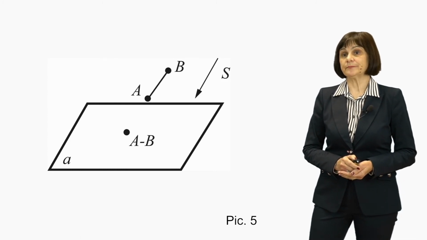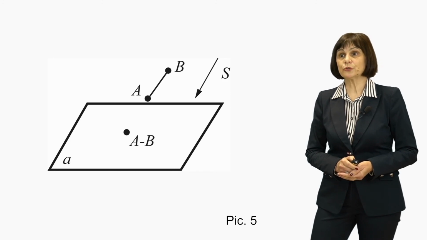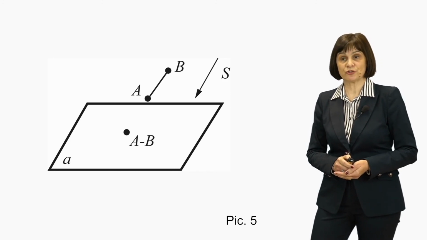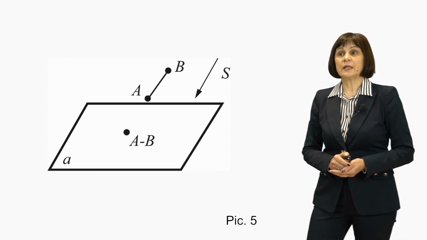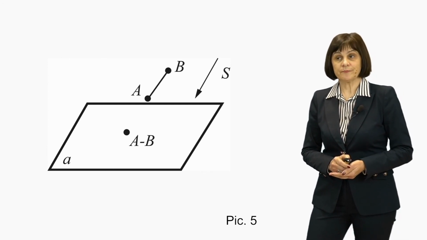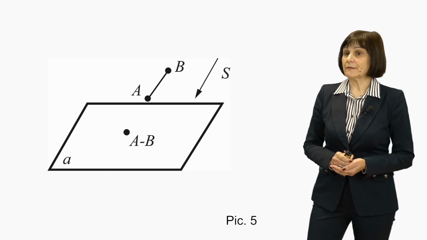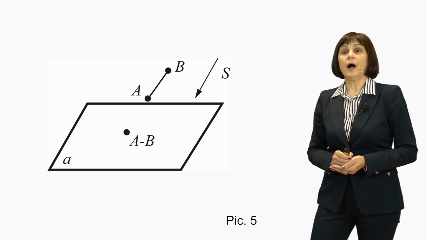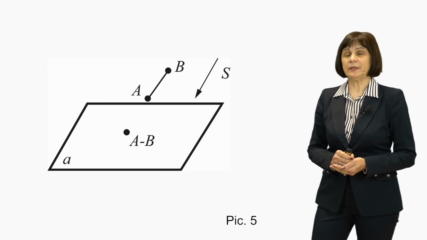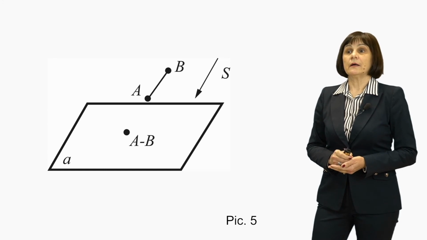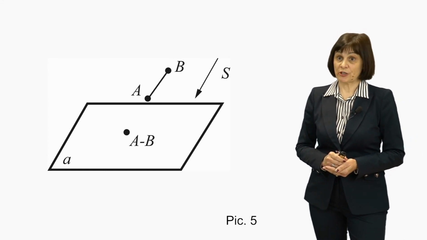Next property, if the line is parallel to the direction of the projection, then the projection of a straight line is a point. On this drawing, you can see this example. Our segment AB is parallel to the direction of the projection.